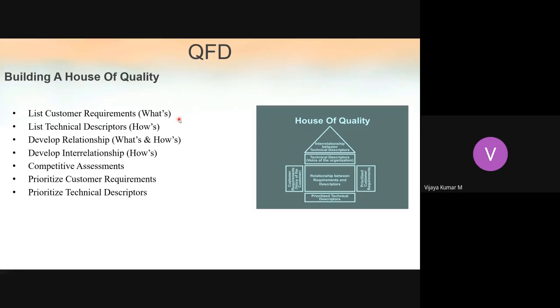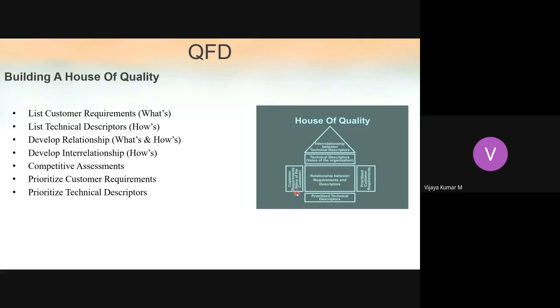But the very first step to develop this house of quality is you have to first list the customer requirements, and generally it is the voice of the customer, what exactly the customer requirement is. The customer requirement could be segregated here. It could be a primary requirement, a secondary requirement, or a tertiary requirement.